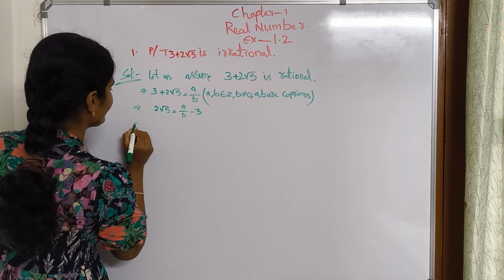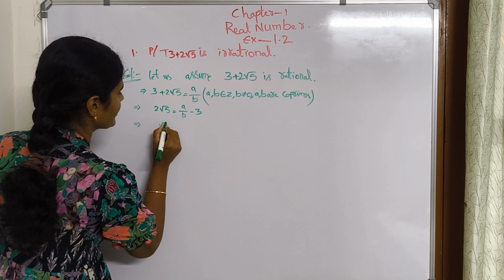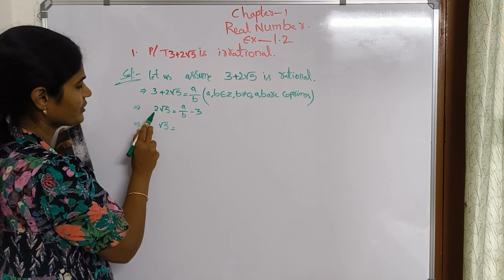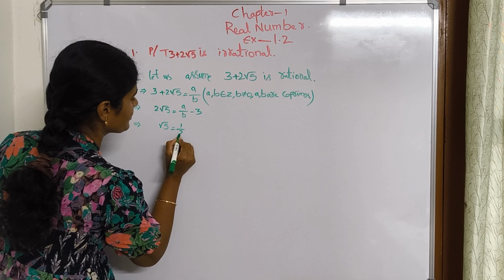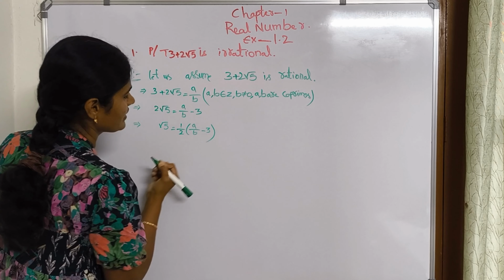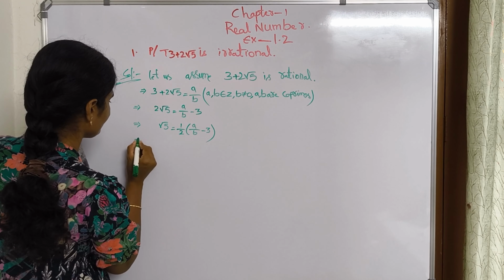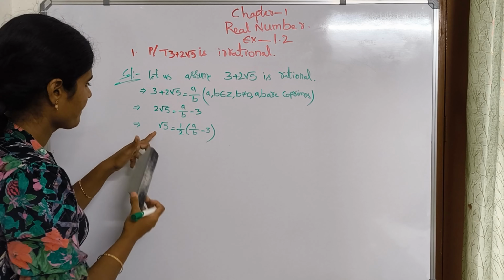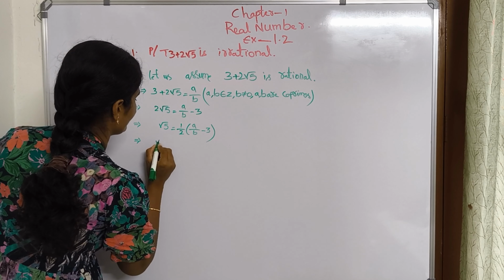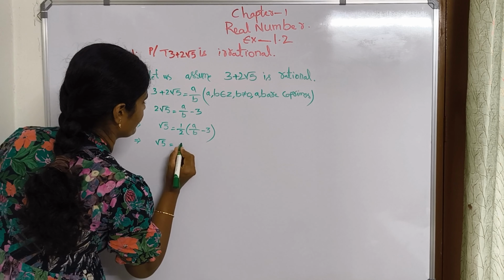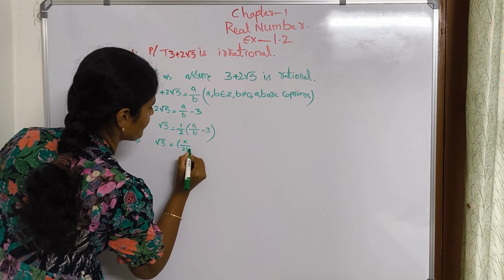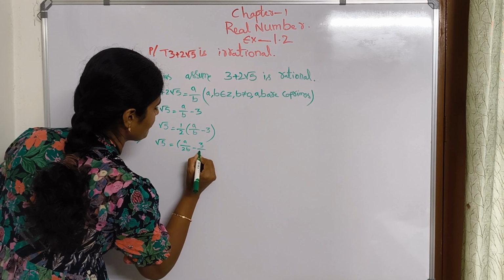Yes? And again, root 5 equals, this is a multiplication, it will come 1 by 2 times a by b minus 3. See, root 5 equals 1 by 2, and directly you write a by 2b minus 3 by 2.